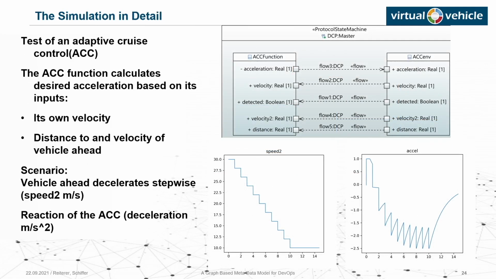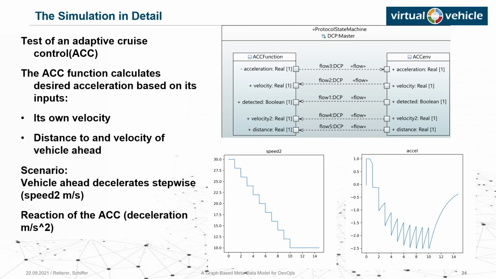So our system that we want to simulate is the following. We want to test an adaptive cruise control, or ACC, function. This function calculates desired acceleration based on its inputs. The inputs are its own velocity, or the velocity of the ego vehicle, and also the distance and velocity of the vehicle ahead.